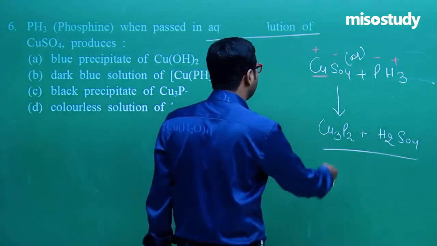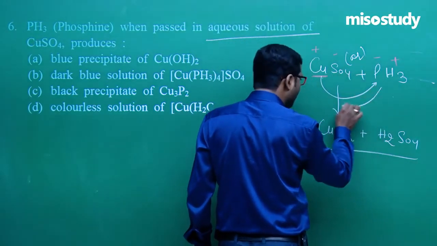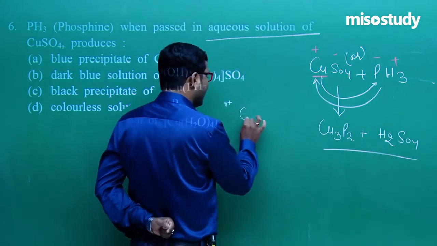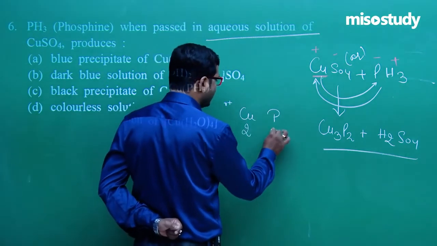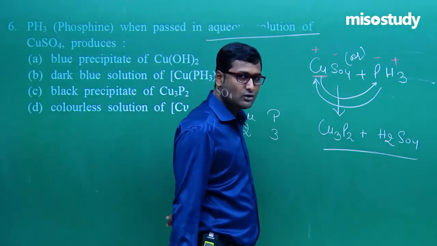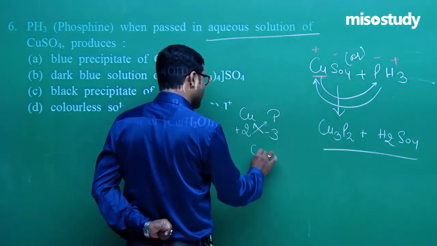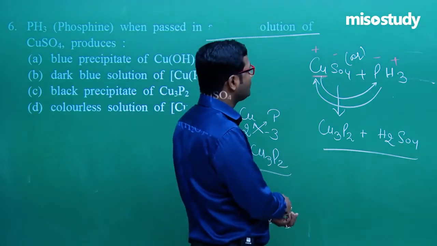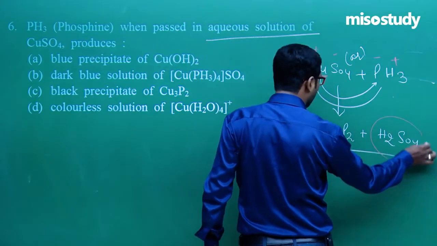Now Cu moves towards P. Copper is in the +2 oxidation state and phosphorus has the common oxidation state -3. The product is Cu3P2. Now hydrogen moves towards SO4, giving H2SO4.